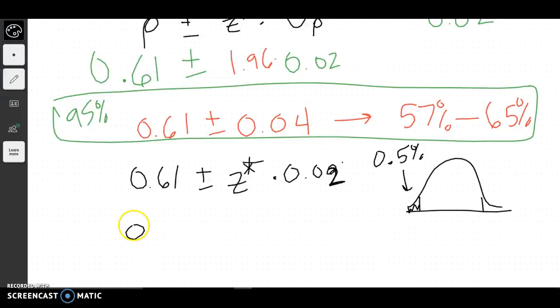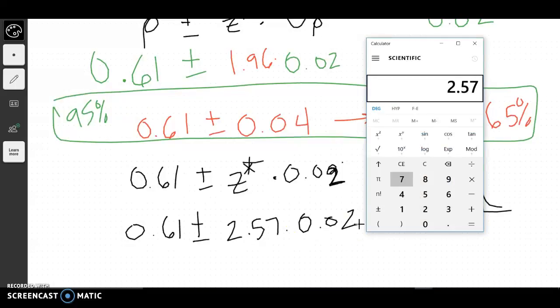So that Z star value would be... and we can see when we do it on a calculator, it should be a little bit wider. So it's around 5%.